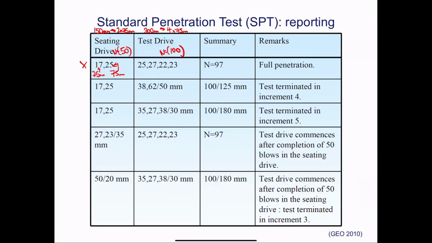And just as a refresher, why do we do a seat drive? Well, normally for SPT testing, we have to drill down to the depth that we're interested in. And drilling causes a lot of disturbance to the soil, causes remolding. So initially, we don't want to work with the soil that's very close to where the drill was, because some drills even have flushing, right? You flush with water, high pressure water. So the soil near the bottom of a borehole, let's say here.